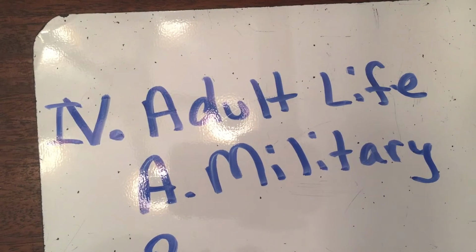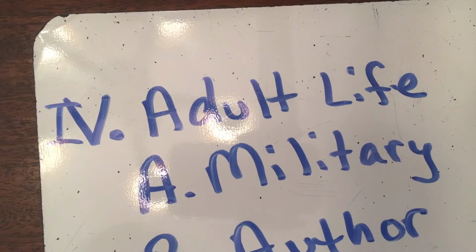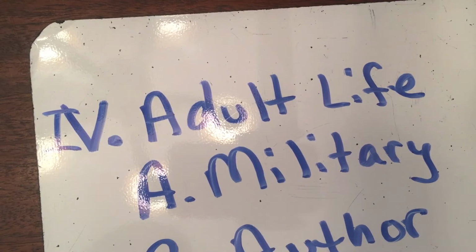And B, I'm going to talk a little bit about the things he did as an author. Maybe I'm going to talk a lot about it. I'm going to talk about his fiction books. I'm going to talk about his nonfiction books. Okay, you seeing how this is going, guys?